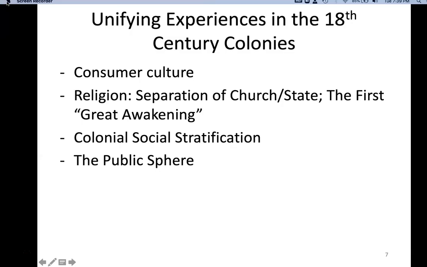We'll talk about social stratification and how it compares with, say, feudalism. And finally, we'll talk about something called the public sphere. So, again, the argument that's being made here is despite this difference, we could locate specific areas whereby the English, in their experiences in the New World, all share, all have in common.